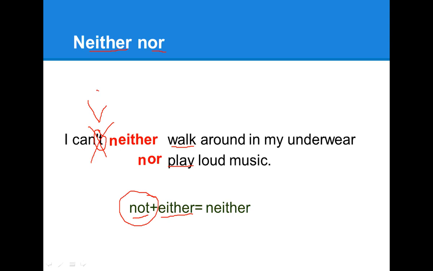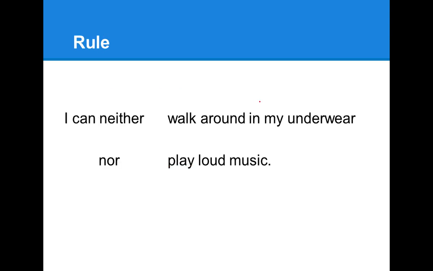We don't need it in the sentence anymore. And one more time, here's our full sentence correct with neither in front of our first verb, nor in front of our second. There is no negative around can.